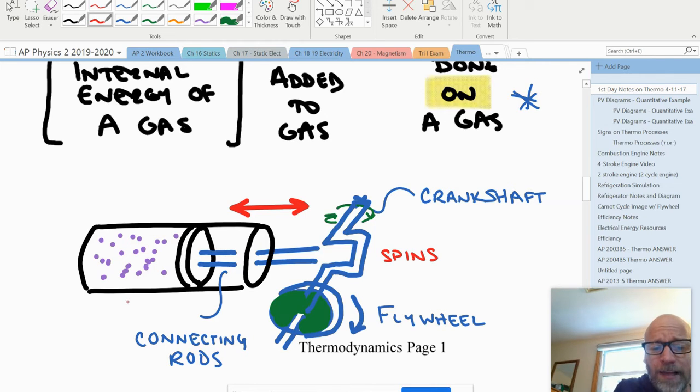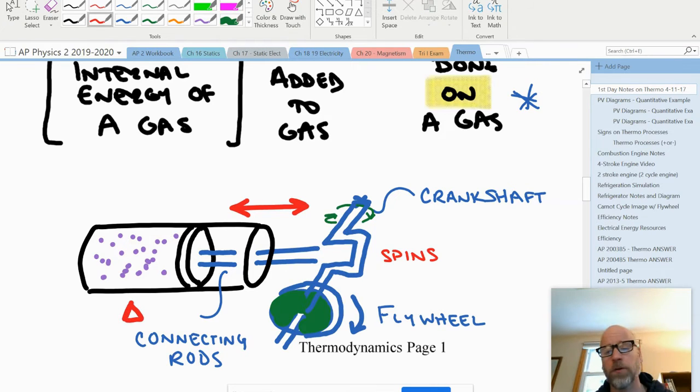And if I add heat, which we use the symbol Q, if I add heat to that gas, what's going to happen to the molecules? They're going to move faster, right? They're going to apply more pressure to the cylinder. And if it's free to have the volume change, it's going to expand, move to the right. As it does that, it can apply a force over a distance, and the gas can do work.